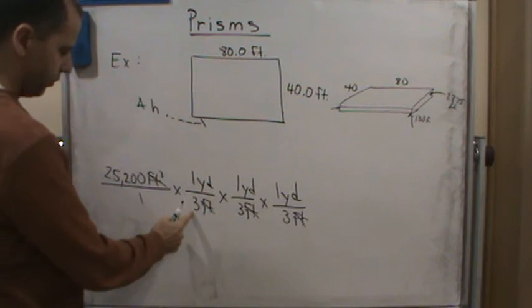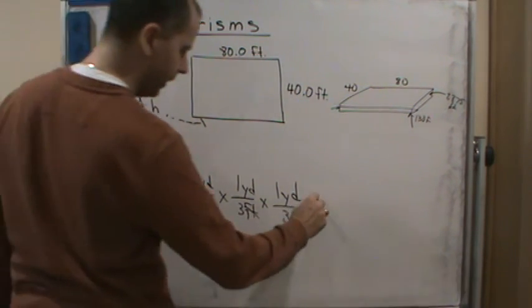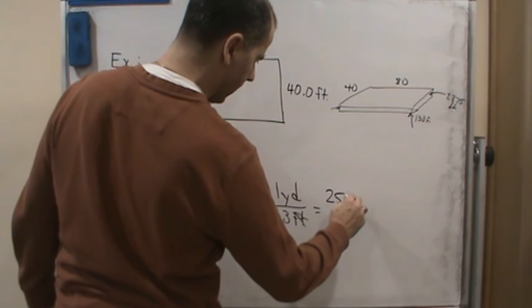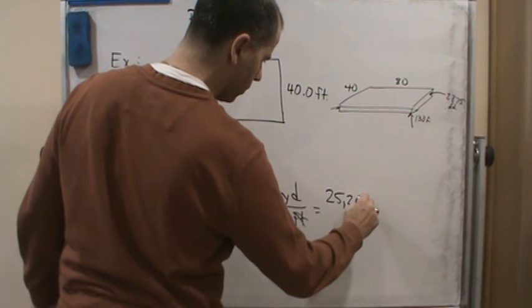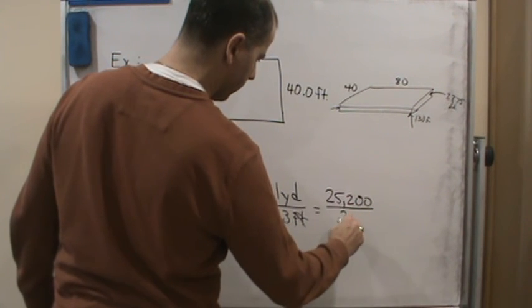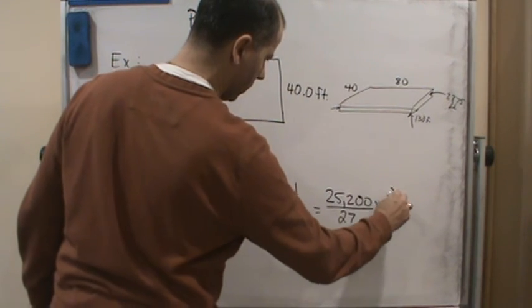Now you multiply across the top and the bottom, so this is going to equal 25,200 divided by 27, and this will be cubic yards.